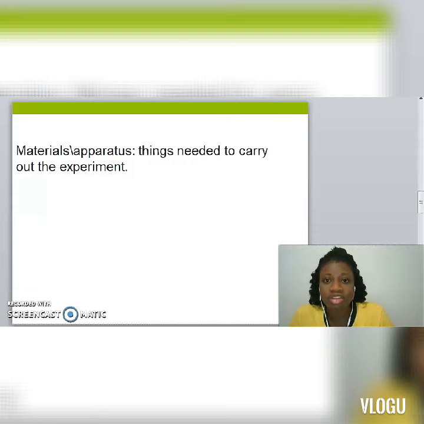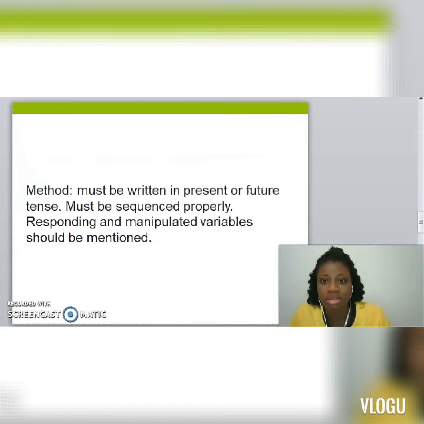You have to have water. Right. So these are some of the things that you would need. So for your materials and apparatus, you must list all of the materials that you are going to use to carry out the experiment, everything that you would need, especially the major ones.